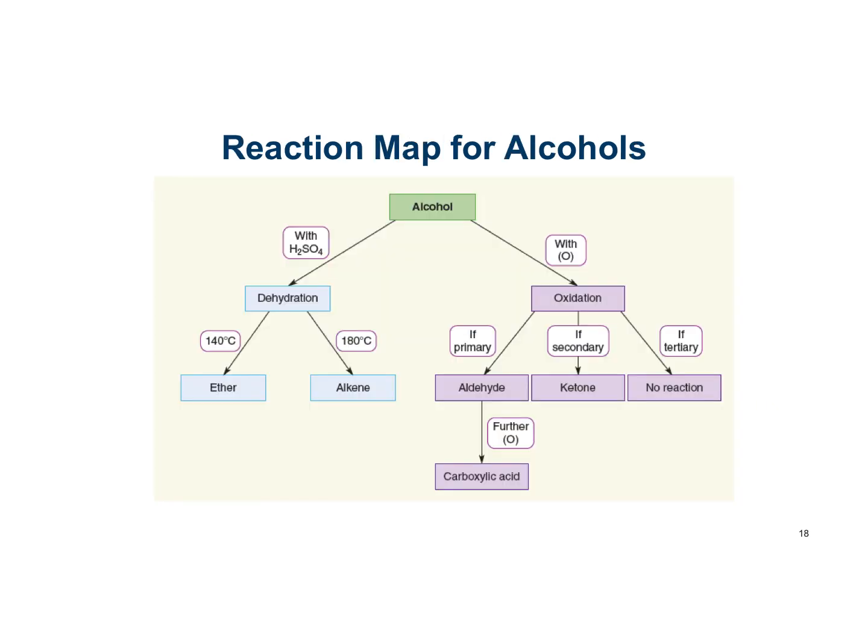Now, just like we looked at a map for reactions with alkenes, this is a really nice map for reactions with alcohols. We start here with our alcohol, and if we react it with sulfuric acid, it'll undergo a dehydration reaction. If it's at 140 degrees, the alcohols will react with each other and form an ether. If it's at 180 degrees, then we will form an alkene.